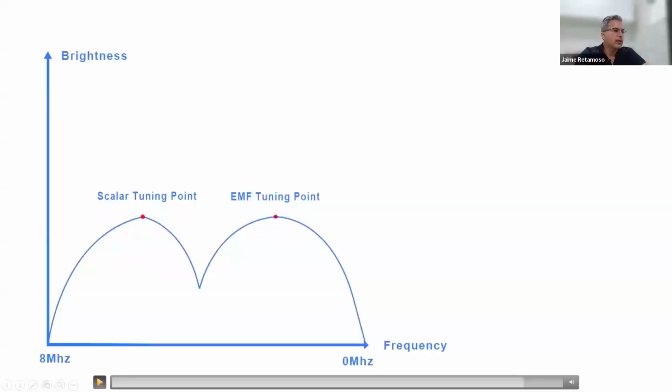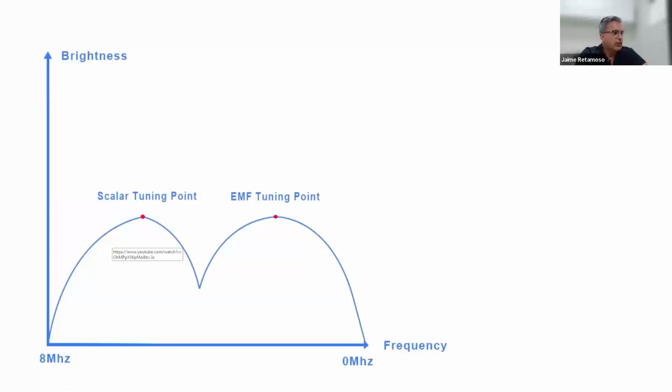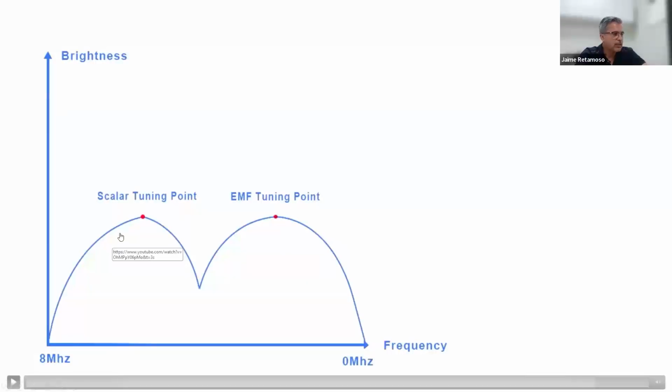Okay, so if you see here, when you turn it on, you will have around 8 megahertz on the screen, okay, of the transmitter. So as you turn the knob anti-clockwise, you will see that this light will start getting brighter and brighter, and it will reach a point of brightness.